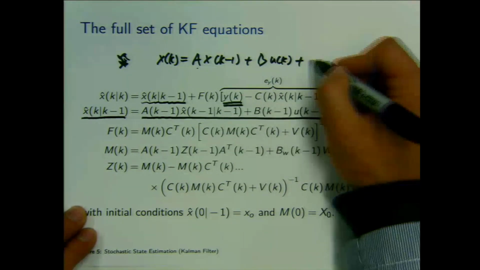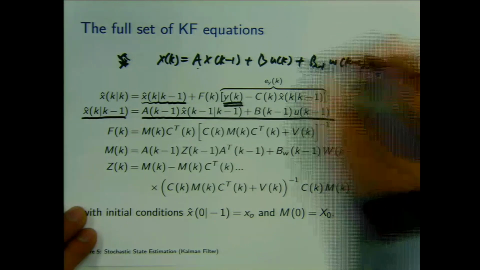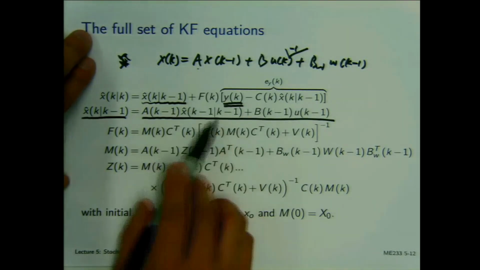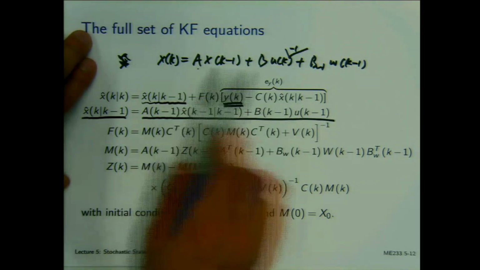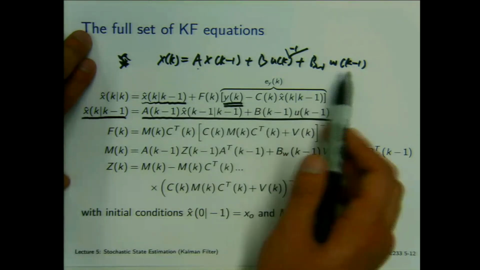It holds also for time varying matrices. If I have x hat k minus 1 given k minus 1, the best way is to filter it through the system dynamics without the noise term, because I don't have the noise term.